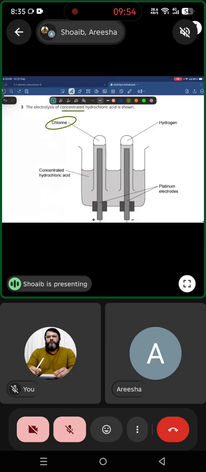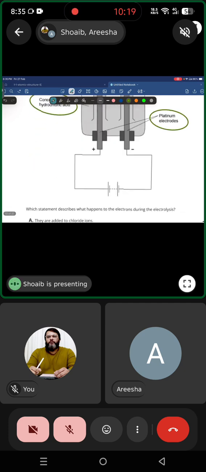They have already mentioned that chlorine is produced at the anode terminal and hydrogen at the cathode terminal. You have concentrated hydrochloric acid here and platinum electrodes are used as inert electrodes. In your course there are two inert electrodes, graphite and platinum.